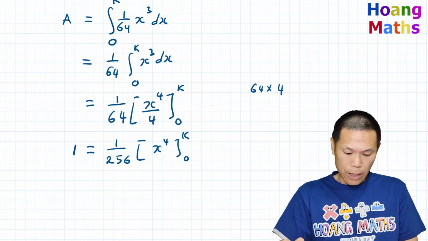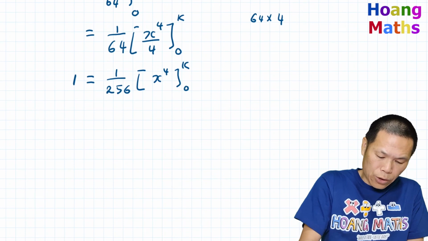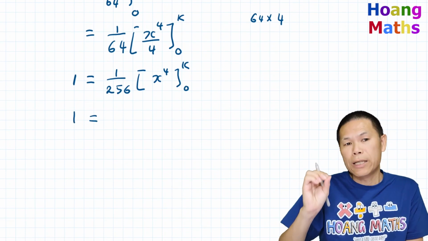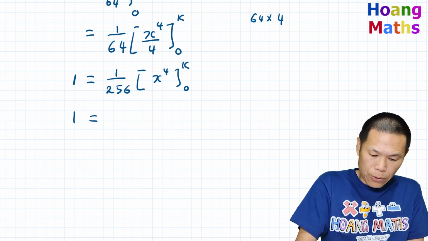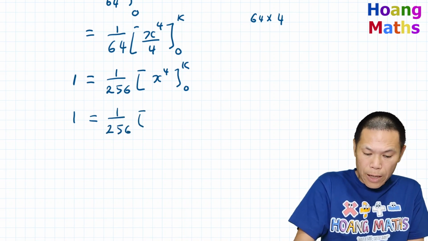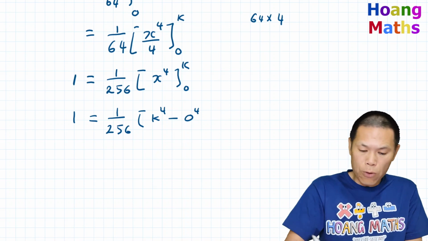Now that's just to solve for k. I substitute k into x power 4 and minus 0 power 4. So 1 over 256 and then k power 4 minus 0 power 4. We know that 0 power 4 is 0.